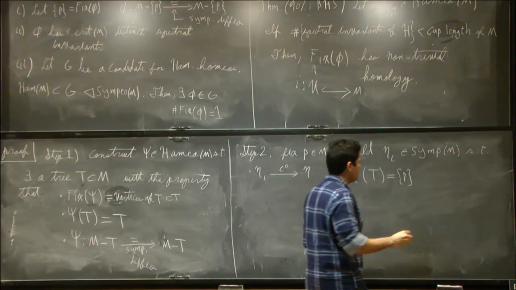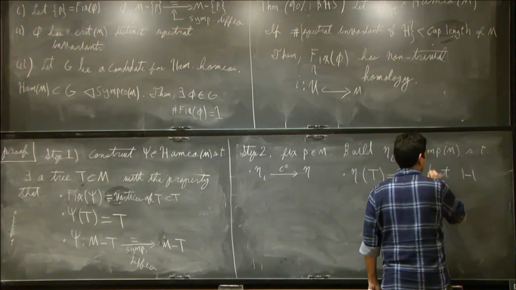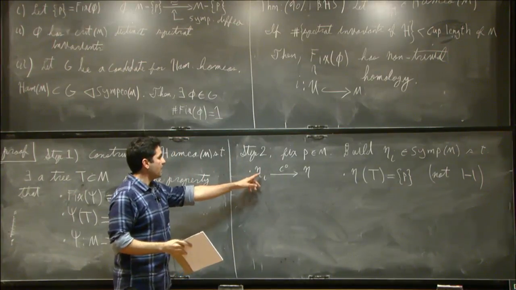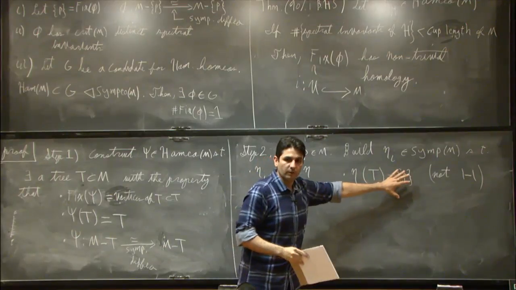Okay, so this map is not one-to-one. So in particular, it can't be a diffeomorphism. So I get a bunch of symplectic diffeomorphisms that converge to some map that has this property.